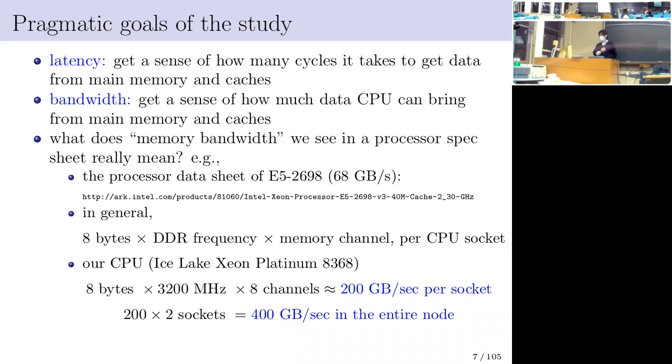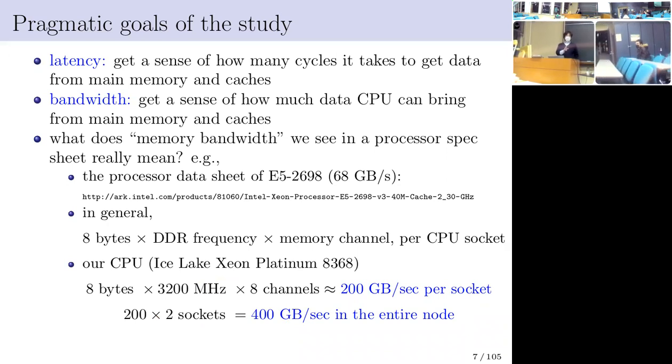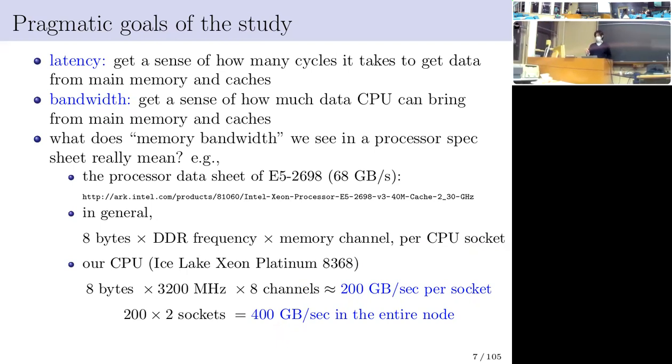But what does that actually mean? Just as the peak performance advertised by the processor vendors, like 3 teraflops or something like that, cannot be easily achieved by ordinary C programs, this number is another thing that is advertised but is not easy to achieve in practice.